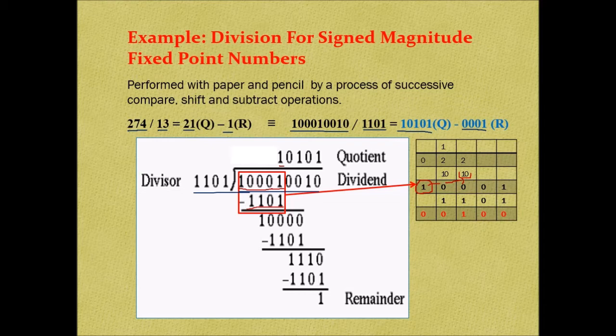If we subtract 1 from 10, that means 10 minus 1 is equal to 1. So we'll get this one. After that, this bit position operation is completed. Now we'll go for this bit position. Here we see that once I take the borrow from this bit position to this bit position, this decimal 2 now becomes 1.